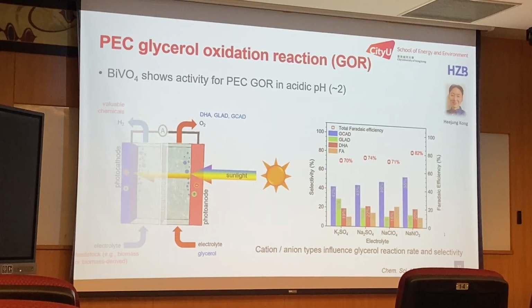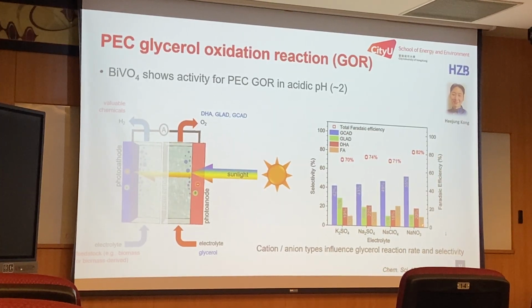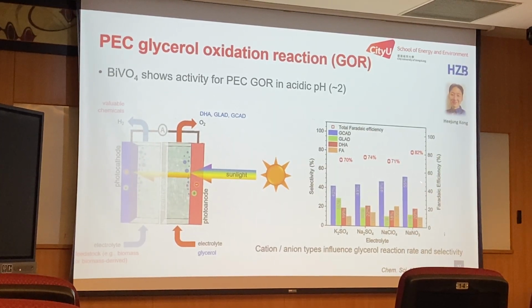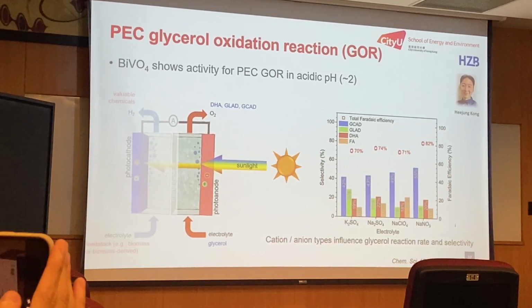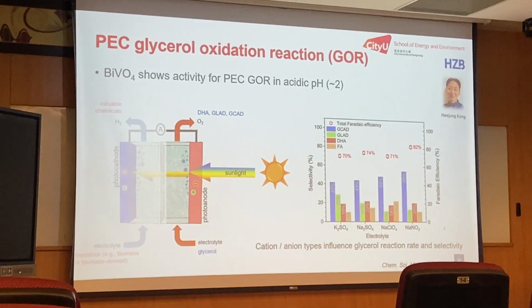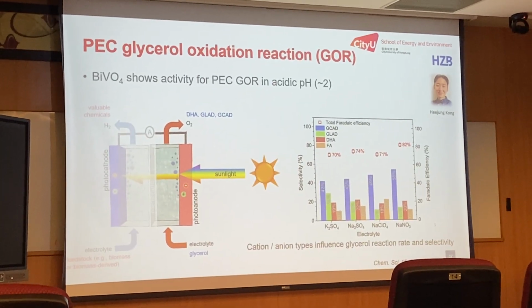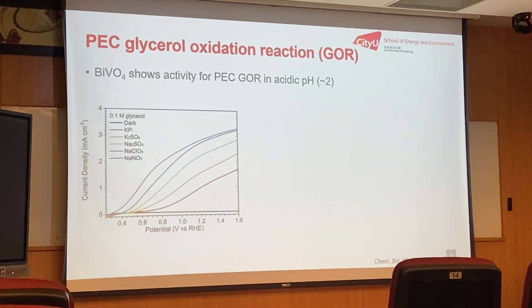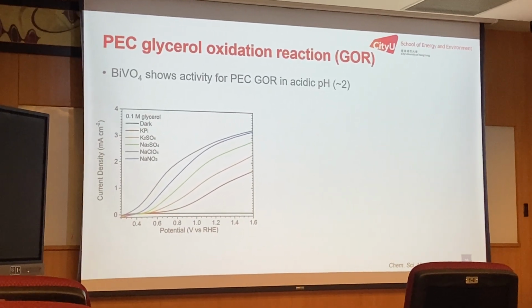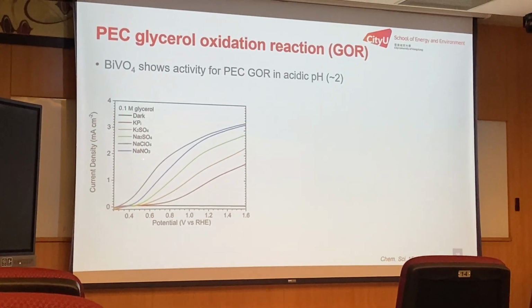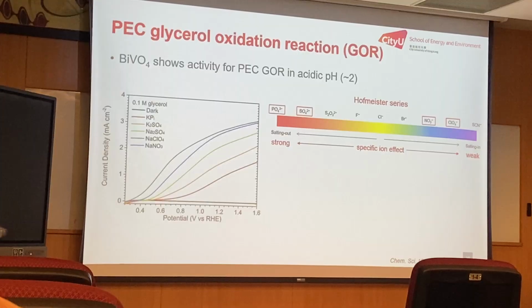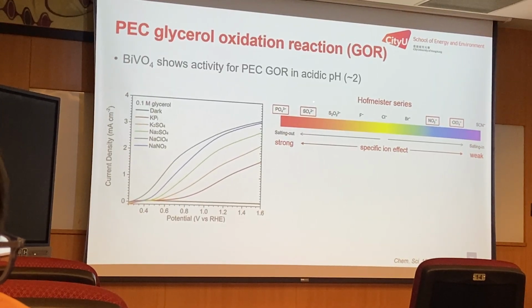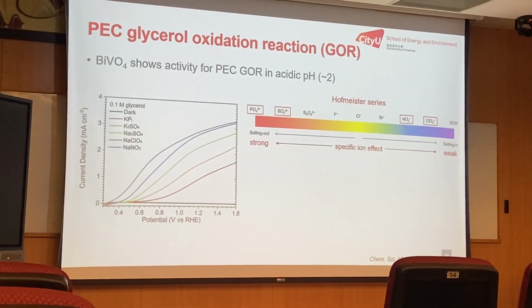Selectivity also shifts, so the glycolaldehyde selectivity increases as we go to the sodium nitrite. So this cation and anion type, for some reason, influences the glycerol reaction rate and stability. The current hypothesis is that this trend matches quite well the trend of the Hofmeister series, or this specific ion effect, from phosphate to sulfite to nitrate and chlorate over here.